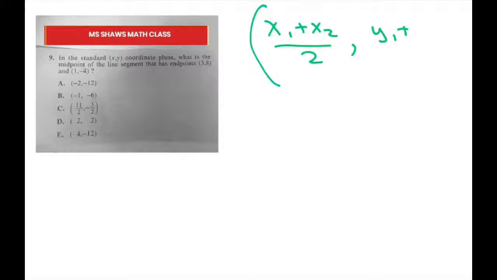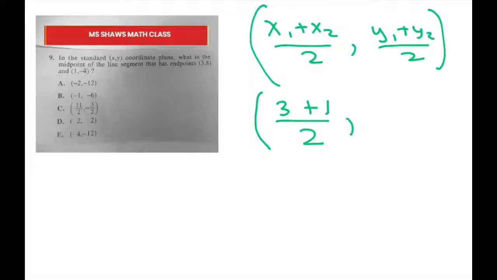And this one, we're just finding the midpoint. Don't forget the midpoint formulas. You add your two x's, divide by 2, it's basically the average of the 2 points. So don't forget that. And so we're just going to add these 2 points. We have 3 plus 1 divided by 2 for the x.